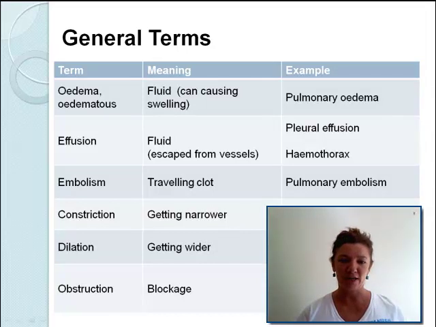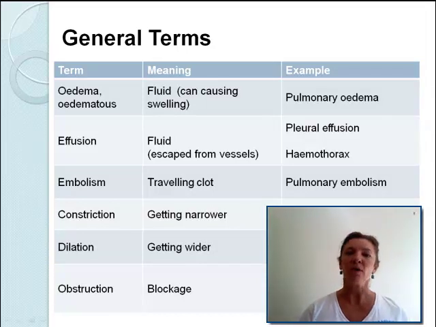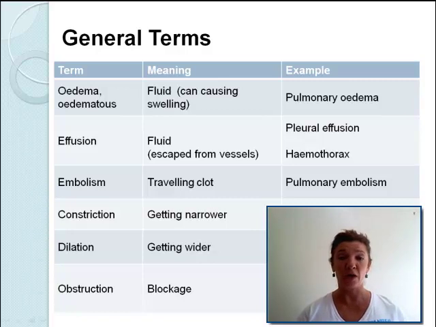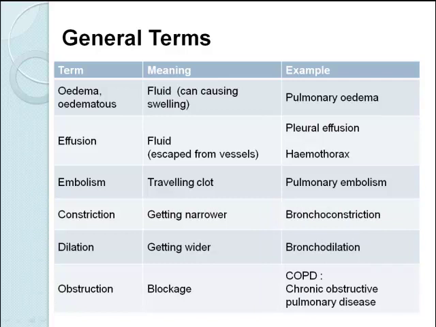Embolism is a travelling clot. Commonly, if you think of a clot, you think of a blood clot. A pulmonary embolism would be a travelling clot that has ended up or landed in the lungs. Constriction means getting narrower. As in asthma, you can have bronchoconstriction, so narrowing of the bronchial tubes.